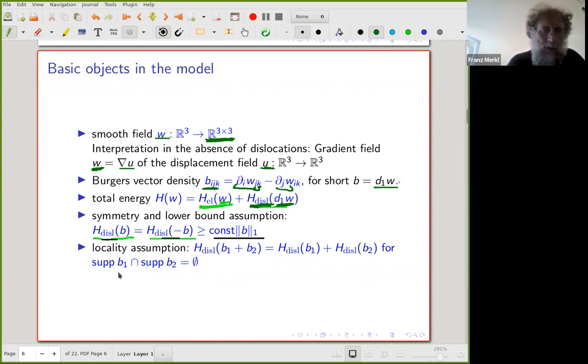When you have two Burgers vector densities with disjoint support, then the local part of the dislocation energy is just additive. So when you have both of them, the local part of the dislocation energy of the joint thing is the sum of the first and the second. Of course, this is not true for the elastic part, but this is only about the local part of the dislocation here.